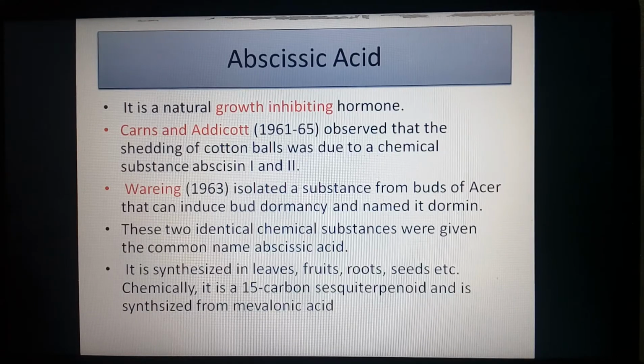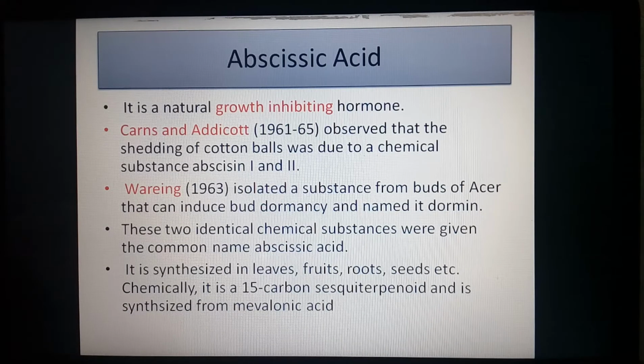This abscisic acid in a plant body is synthesized in different plant parts such as leaves, fruits, roots and seeds. Chemically, abscisic acid is a 15 carbon cis sesquiterpenoid and is synthesized from mevalonic acid.